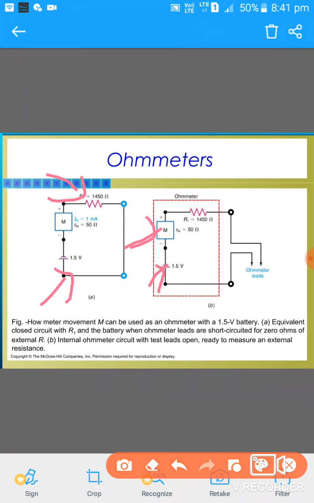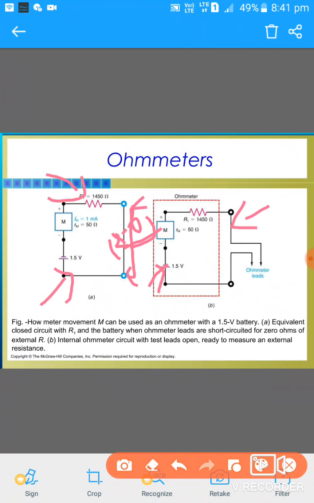With R and the battery, when the ohm meter leads are short circuited, this is 0 ohm. The value of R here is 0 ohm, and these ohms are external.